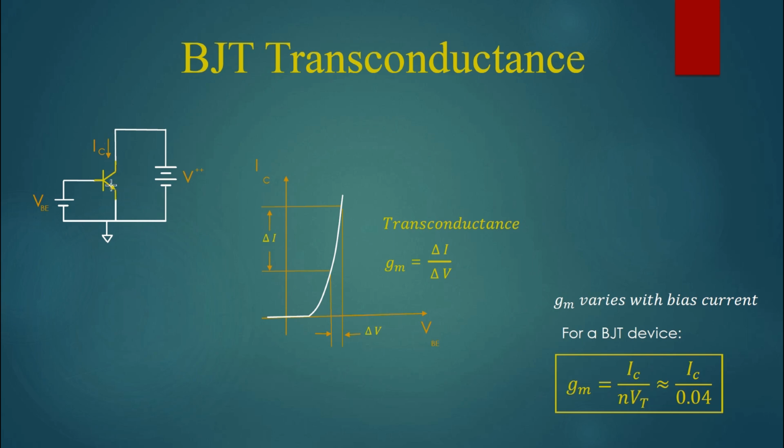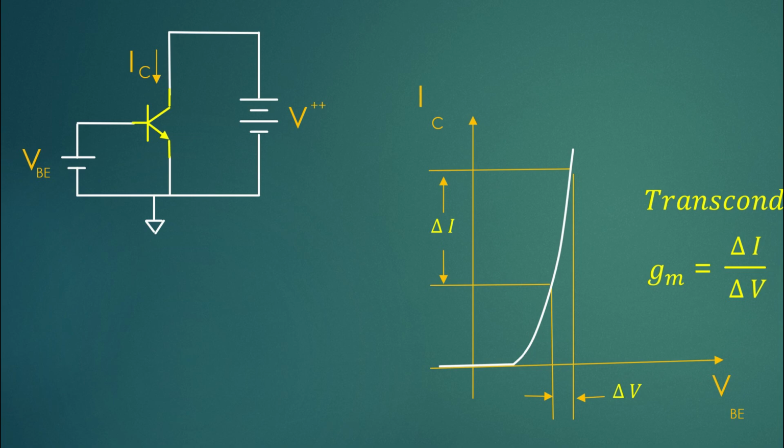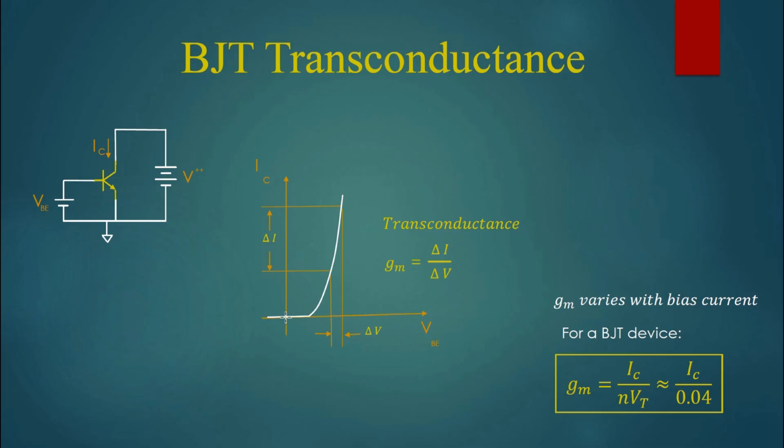That changes the collector current, assuming we've got the collector pulled up with a decent voltage, and that can be seen on the vertical axis, I sub C. Notice that this graph is, well, it's supposed to be exponential. I couldn't draw a perfect exponential, but you get the point that it's not a straight line. So as we vary the base emitter voltage, we move along this curve.